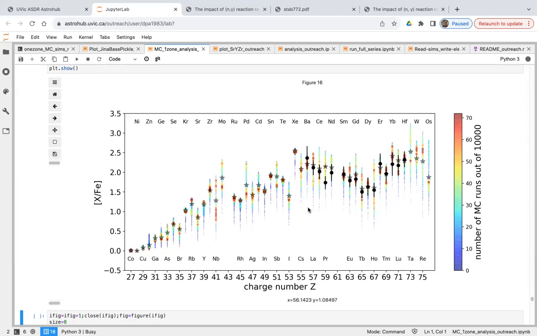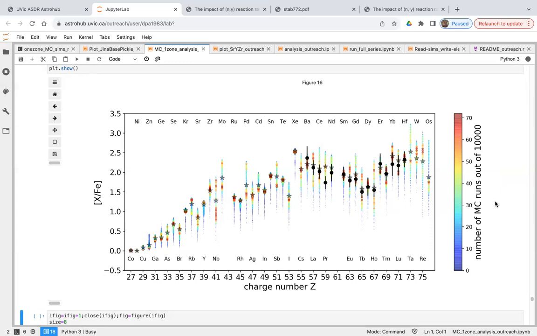Here, the number of Monte Carlo runs that provide a given elemental abundance ratio, say this one, 2 or 2.5, out of the 10,000 Monte Carlo runs, is shown with both color and size.